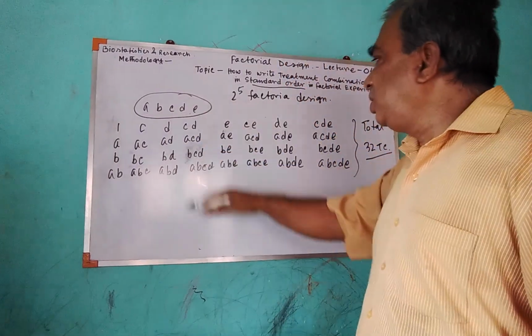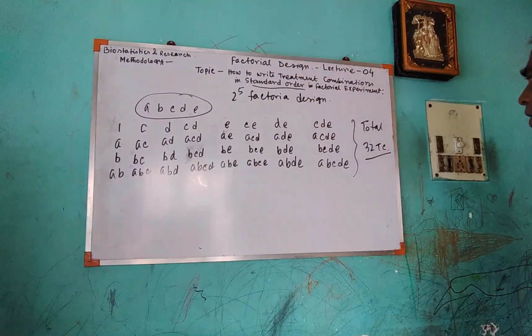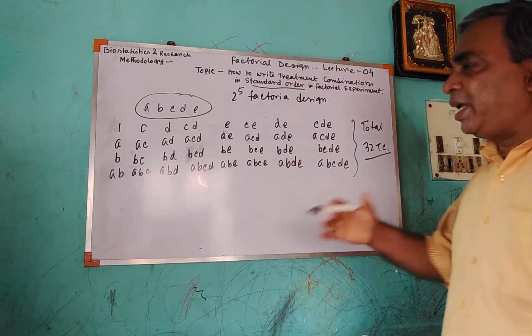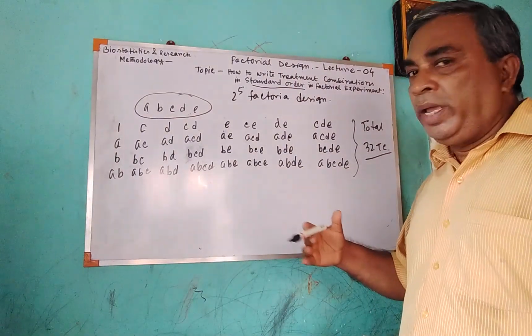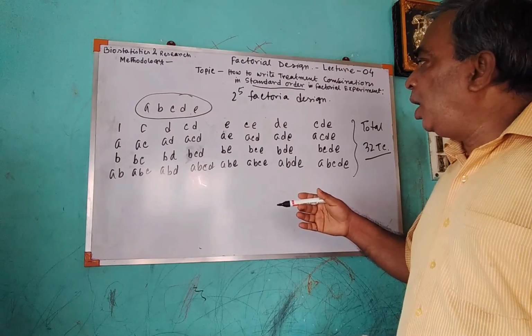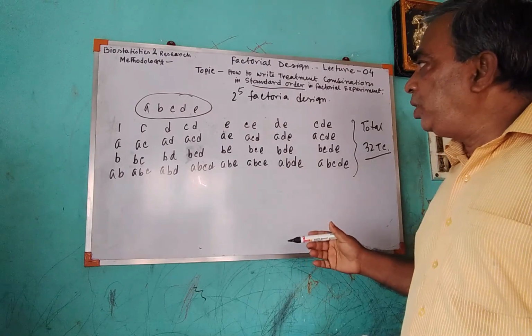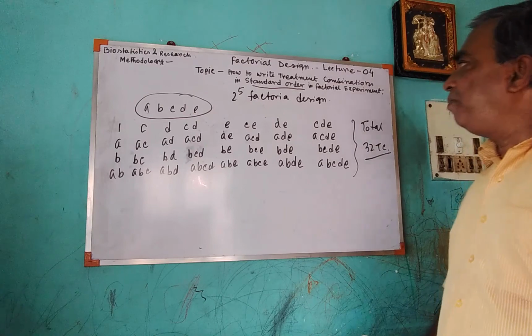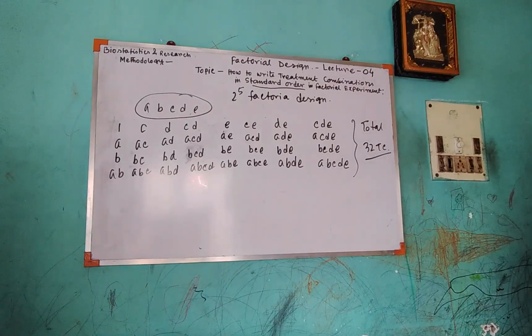So this is the total treatment combination in standard order. This is the way we have written the 32 treatment combinations for the 2 to the power 5 factorial design.